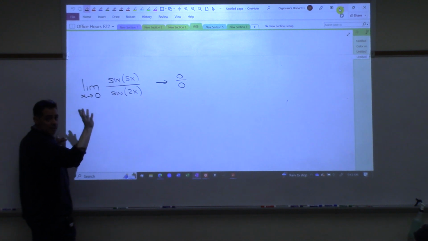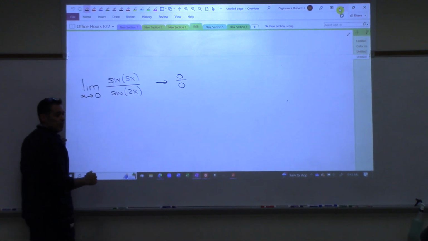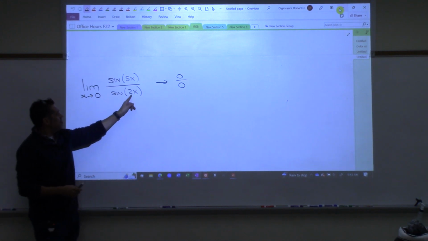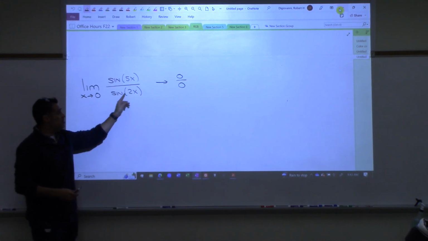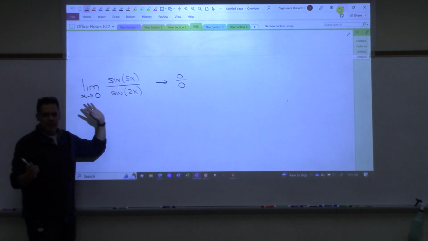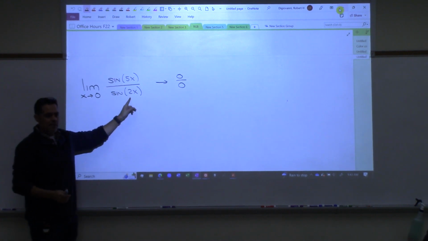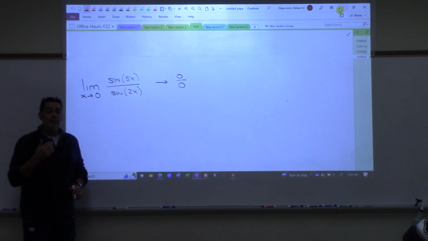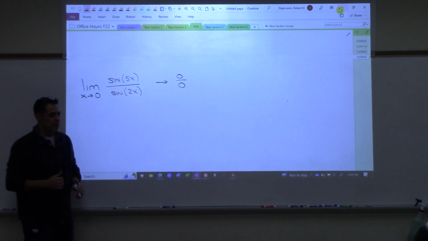It's okay. 5x, right? We need 5x on the bottom, wouldn't we? We don't have a 5x on the bottom. This 2x is inside this sine function, so you can't just pull the 2x out. You can't do that. It's trapped, right? But it would be real nice if I had a 5x down there, wouldn't it? So like the last problem, we're going to make a 5x appear. We're going to force it to appear.